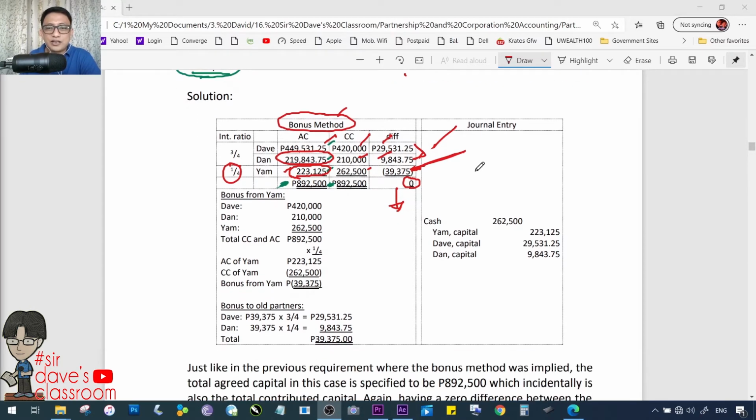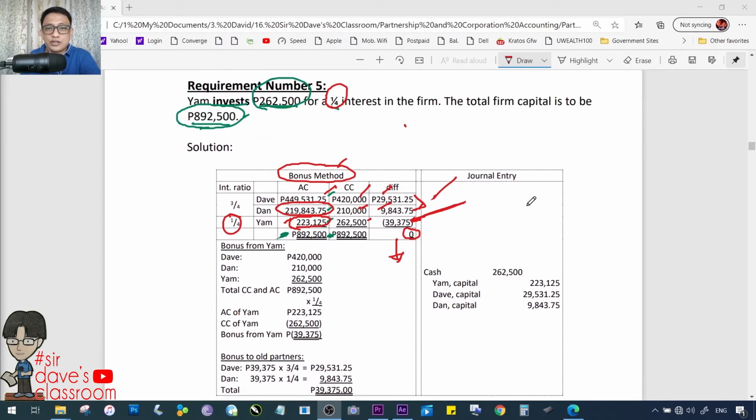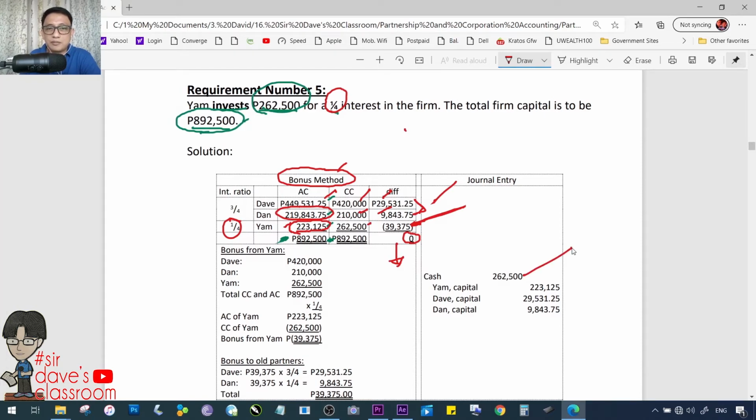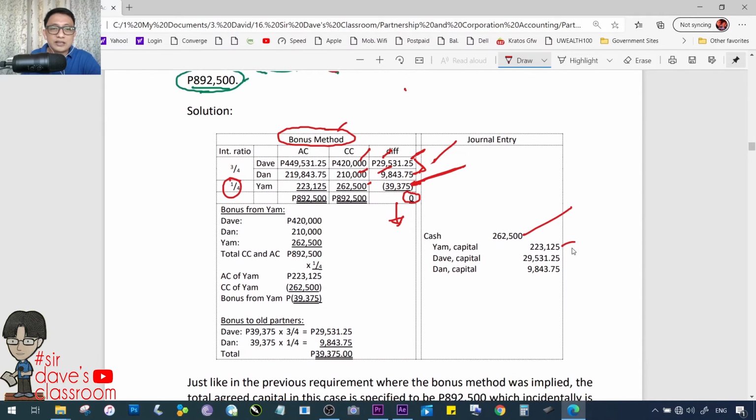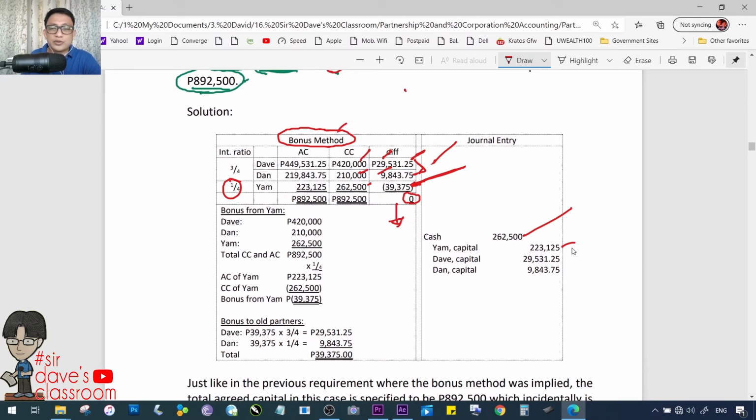Alright? Your journal entry, debit cash, 262,500. Tulad ng binigay dito. Credit YAM capital, 223,125. Yung mga capital credits nila under the AC or the agreed capital columns. And 29,531.25 for, yung dagdag dun kay Dave, dagdag dun sa 420.